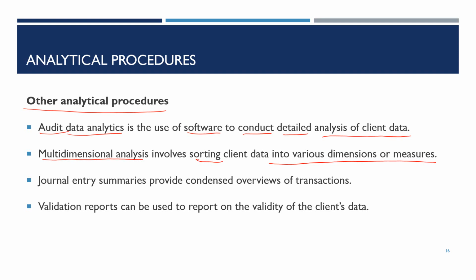Once measured, data sorted by dimensions can then be analyzed to determine whether the relationship between the various data is consistent with the auditor's understanding of their client. Journal entry summaries provide a condensed overview of transactions.